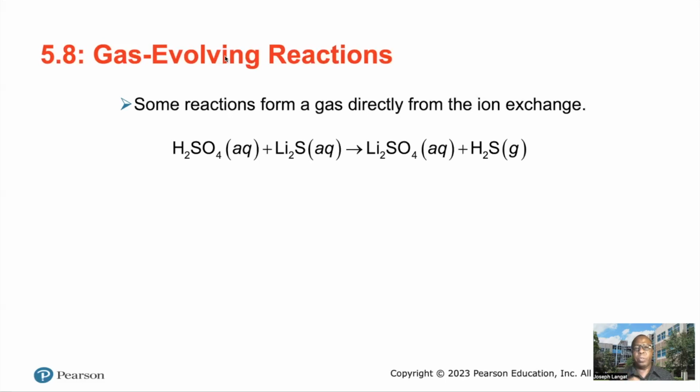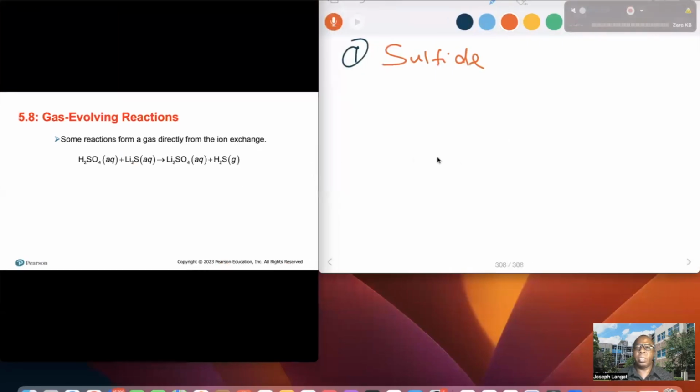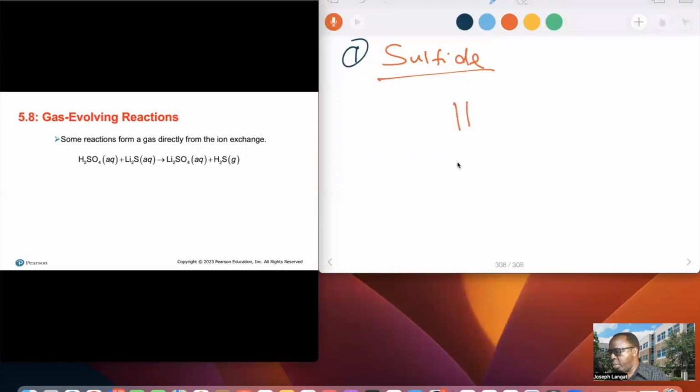There are a few specific gases we need to learn in this chapter. Hydrogen sulfide is produced by sulfides. Sulfide produces hydrogen sulfide gas.